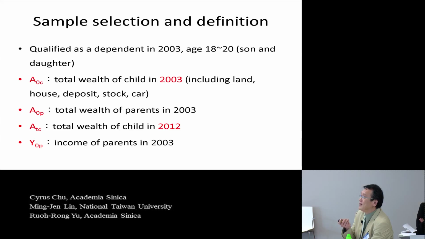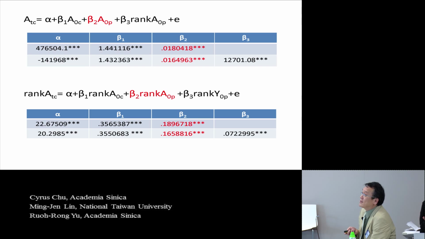We try to see how the child's asset in 2012 is determined. How much was it determined by their initial wealth? That is, how much is the effect of having a golden spoon to begin with. Now this is the regression. I'm not satisfied with this regression yet, but we don't have the time to change it.